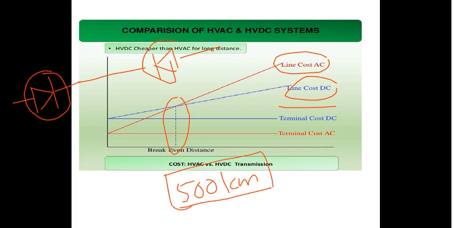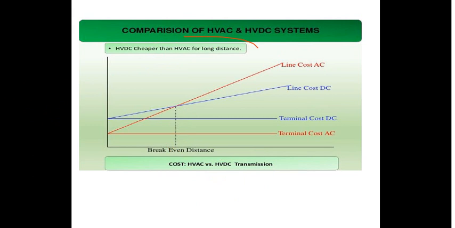So when you compare the HVAC system with the HVDC system, definitely HVDC appears to be cheaper for long distance, especially when the distance is above, say, 500 kilometers or more. This is one important point to be noted.